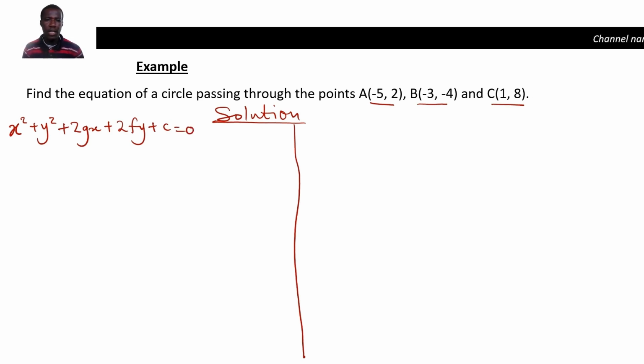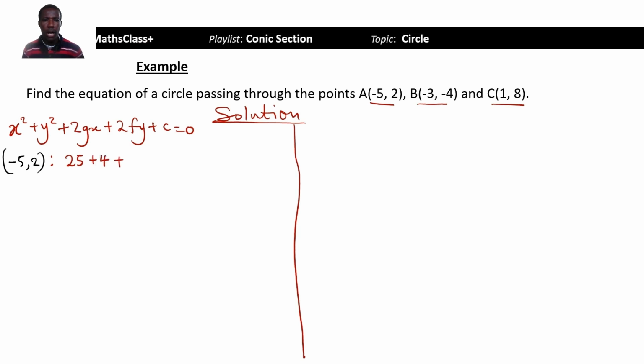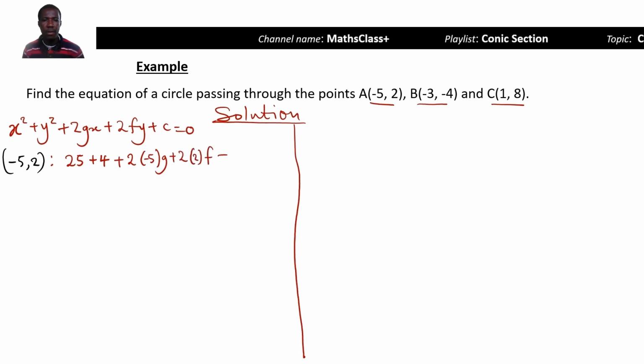So when we take the first point, negative 5, 2, we are going to substitute into the general formula. And so x squared will be negative 5 squared, which is 25. y squared will be 4. And we will have 2 times negative 5 times g plus 2 times 2 times f plus c is equal to 0.